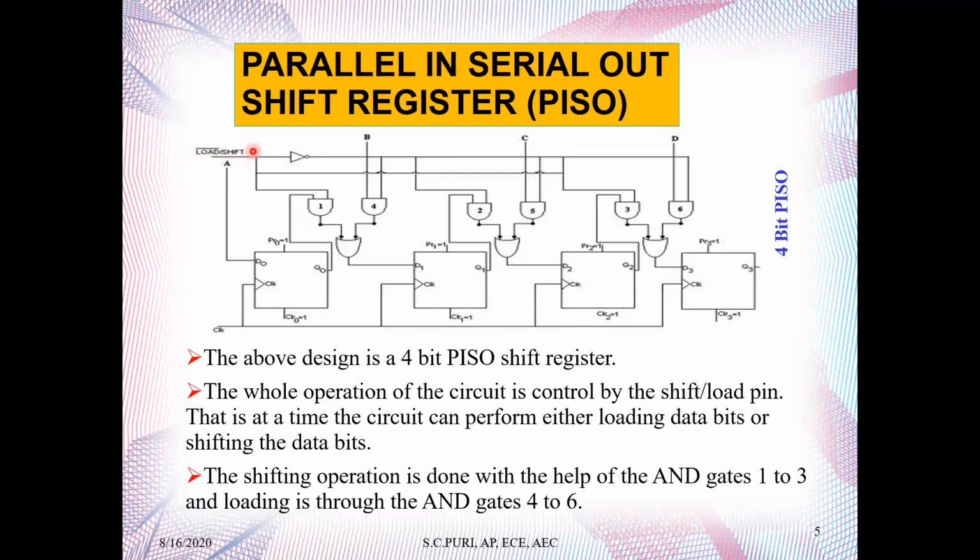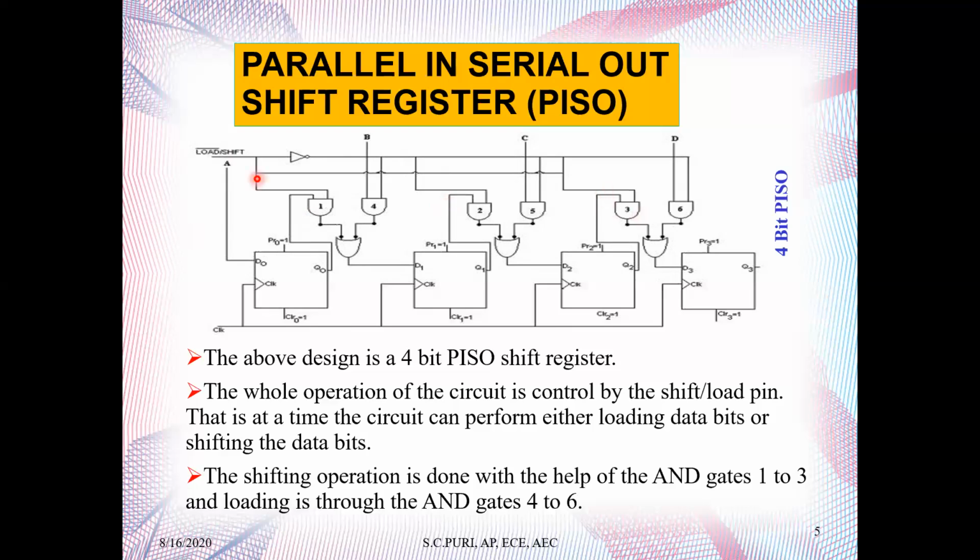That means it will be a loading operation. So this line has to be 0, this line has to be 1. If you put 0 in an AND gate with one input 0, the output is 0. So this connection will basically be discontinued. Similar will happen for the other AND gates also, that is AND gates 1, 2, 3.